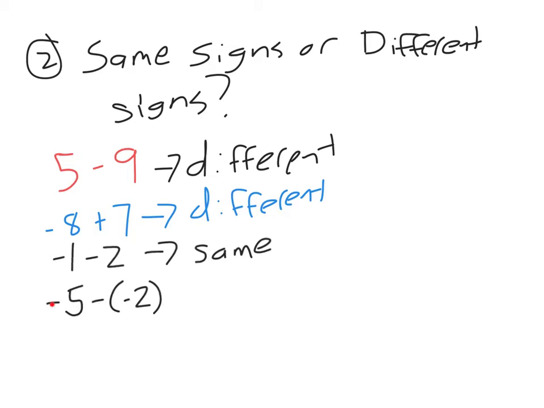So the 5 has one sign. The 2 has, I've got to fix that before I can ever ask the question. So when I have minus and negative 2, how can I rewrite that? I can rewrite a minus negative as plus 2. So if I rewrite this, now it's easier to tell. Do those numbers have the same sign or different signs? They're different.